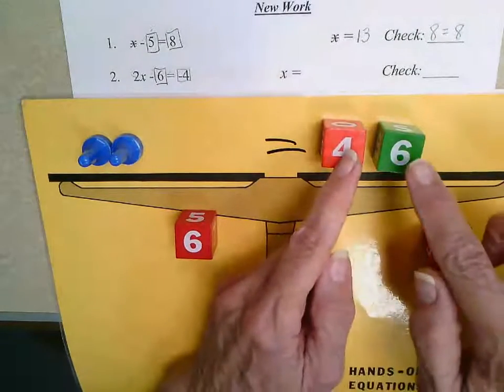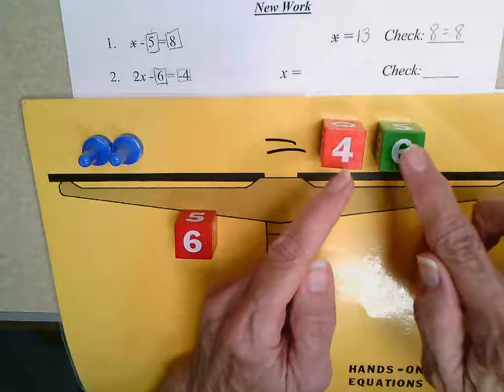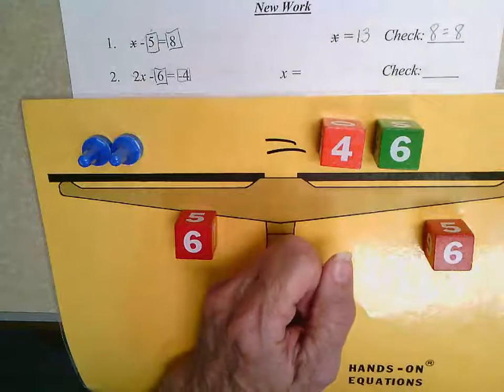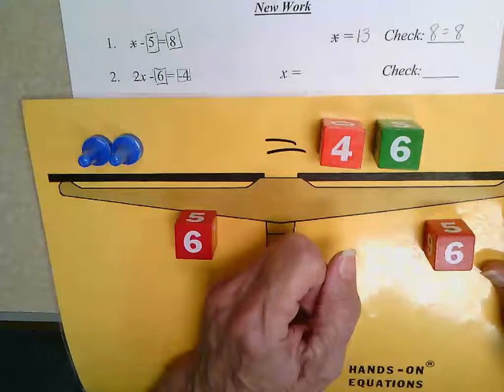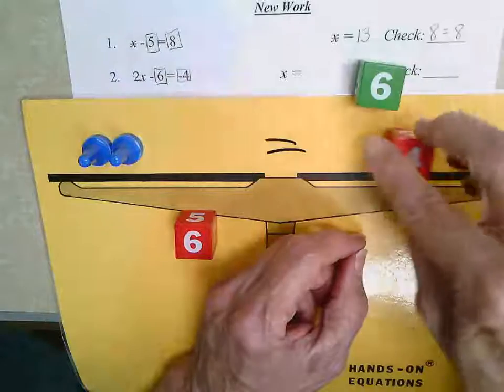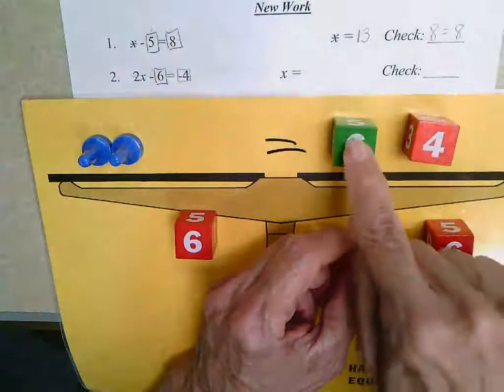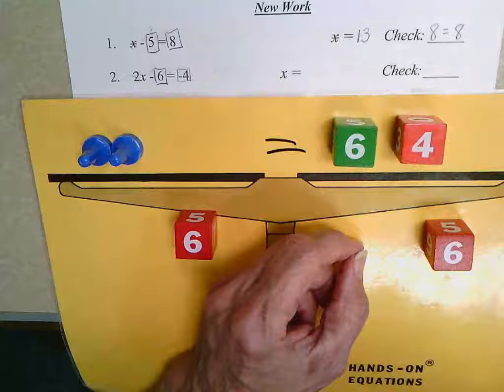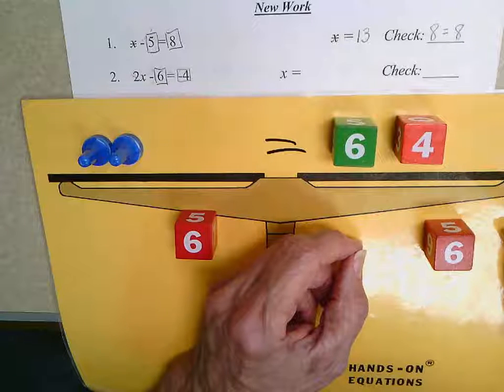So now I have pawns on one side and I have numbers on the other side. So now I have to figure my math right here. I've got a positive 6 and I have a negative 4. So there's a couple of ways to do this again. You can just ask yourself, what is 6 minus 4? Well, that would be 2. So that's one way to do it.